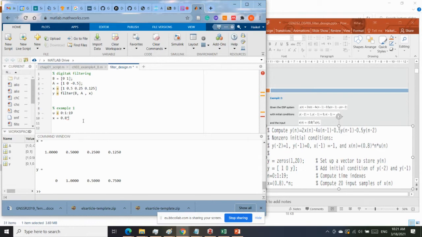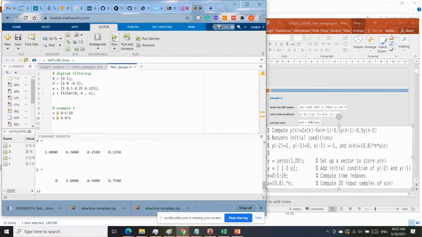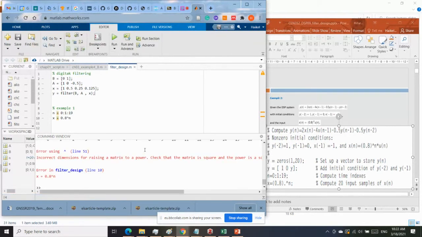So we can use, no, let's call it n, that's better, which goes from 0 to 19. Yes, so we can raise the power to the power of n. Let's print it and see what happens. It says incorrect dimension for raising matrix to a power.